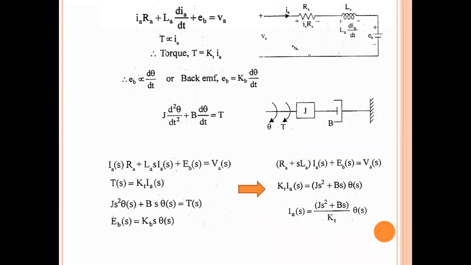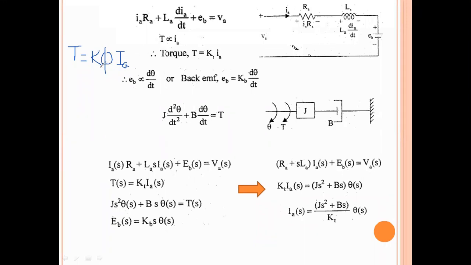Okay. And we know that the torque is directly proportional to the armature current. We can write the torque equation T is equal to K into phi into Ia, where K is the constant and phi is the flux of the field winding. This case is the armature controlled case.